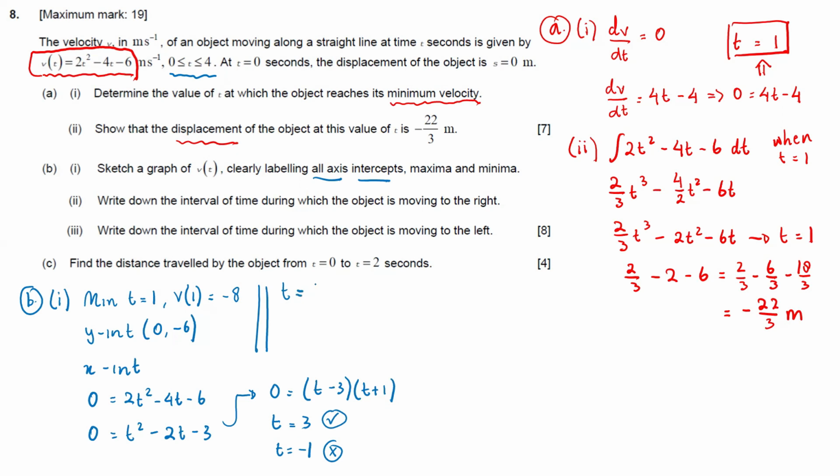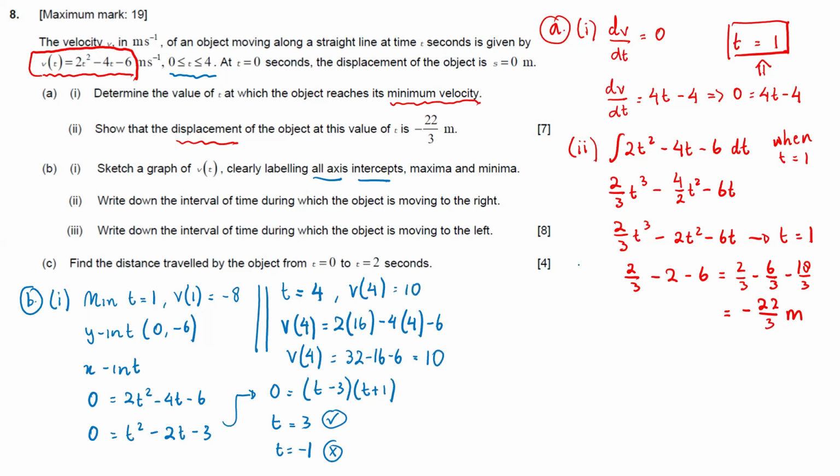So when t equals 4, what is our v? v(4) is 2 times 4 squared, 16, minus 4 times 4, and then minus 6. So we have 2 times 16, 32, minus 16 minus 6. It's going to be 16 minus 6, which is 10. So when t equals 4, the velocity is going to be 10.